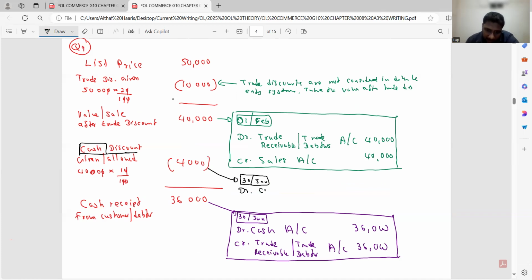Debit cash discount given or allowed, expense account. From the other end, trade receivable or trade debtor is reducing. Now he is not required to give that money to me because I am giving him a discount. Credit trade debtor 4,000.